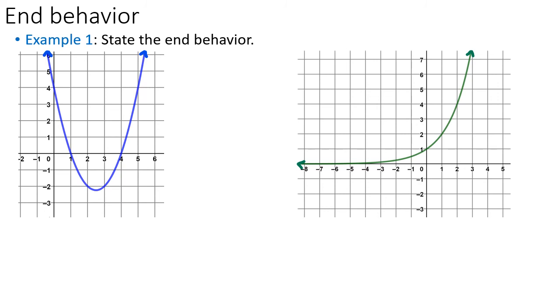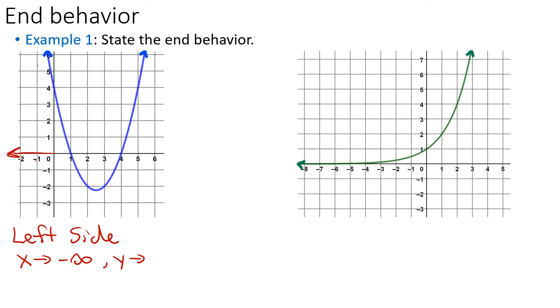In end behavior, this is where we look at the behavior of the graph on the left side of it and the right side of it. So we're going to start off with the left side. We're going to talk about it in terms of x and y. As we go to the left of this graph, as we move our x's into the negatives, -1, -2, -3, -4, -5, -6, -7, as we continue on forever, as x approaches negative infinity, the question becomes, which way does the y go?